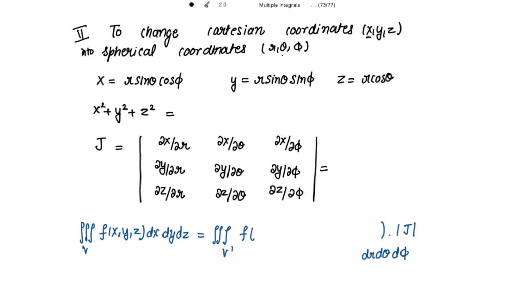So you have to learn the values of x, y, z. So for spherical coordinates, I am having these values for x, y, z. Then just square them and add them, you will get r square.